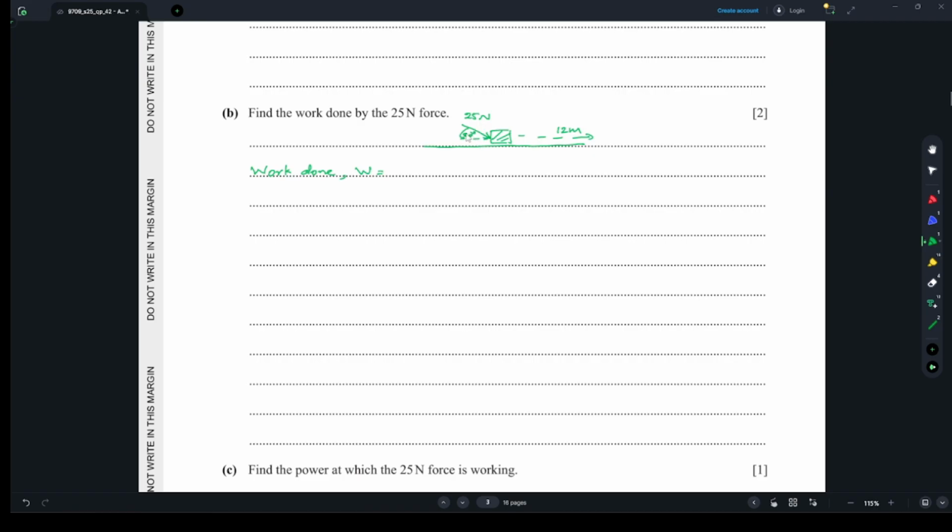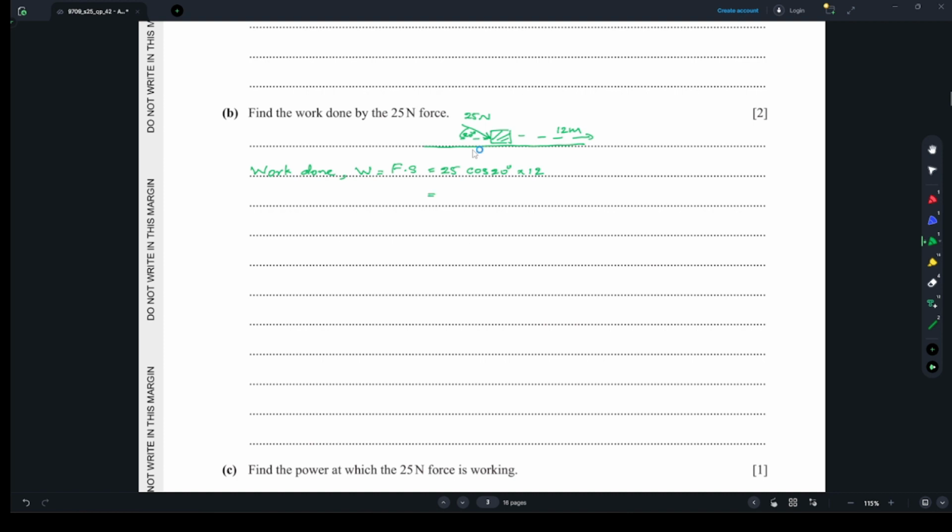So we have to take the horizontal component of this 25 Newton. We can write the formula: force times displacement, so 25 cos 20 times the displacement, which is 12.